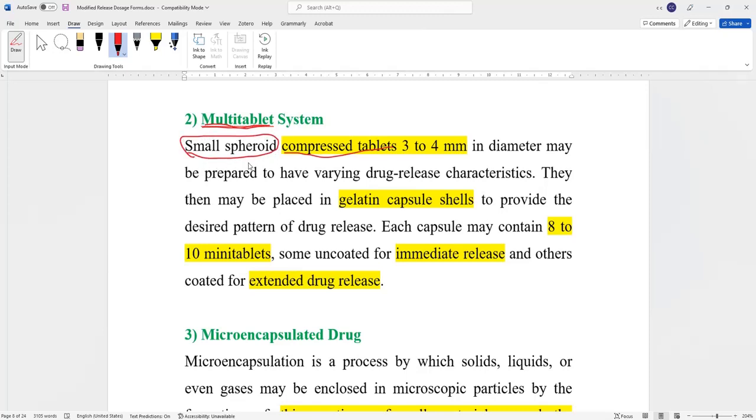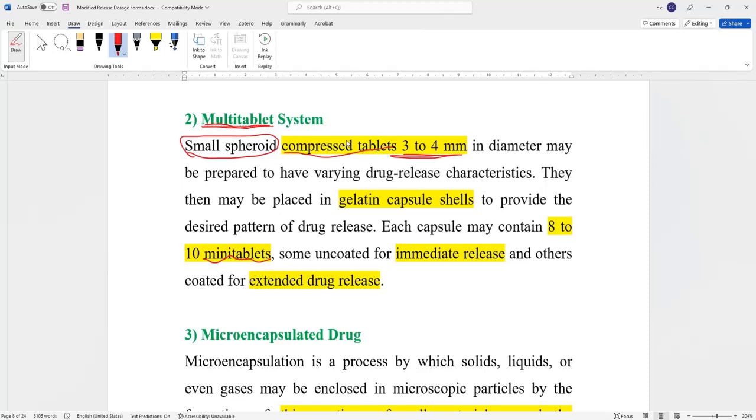What do small spheroids mean? They are more spherical, okay? And they are very small. They are not like normal tablets, okay? Normal tablets will be 12 millimeter, 15 millimeter, 10 millimeter, and so on. But this is 3 to 4 millimeter. That's why they call them mini tablets.